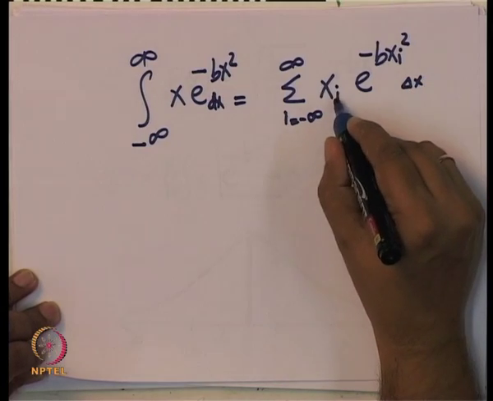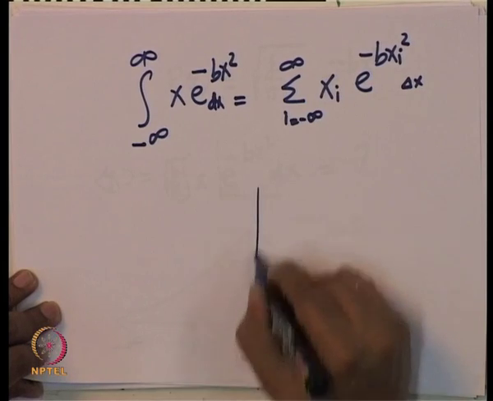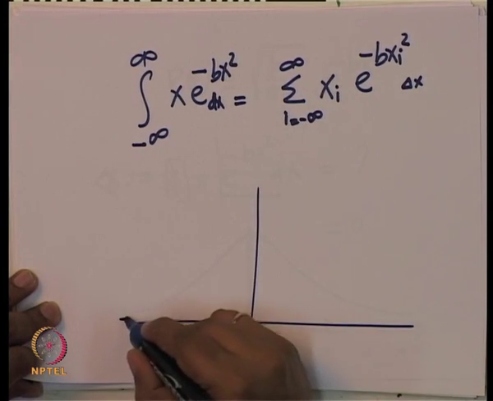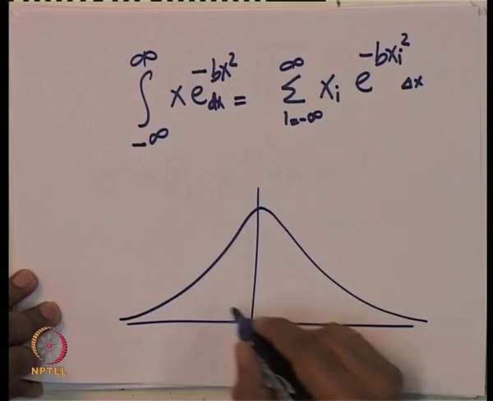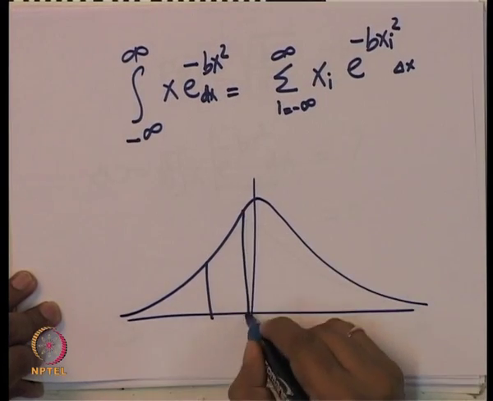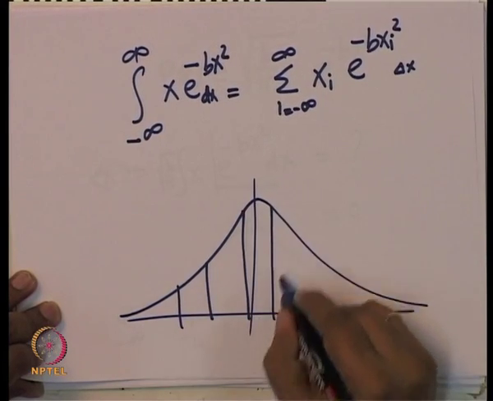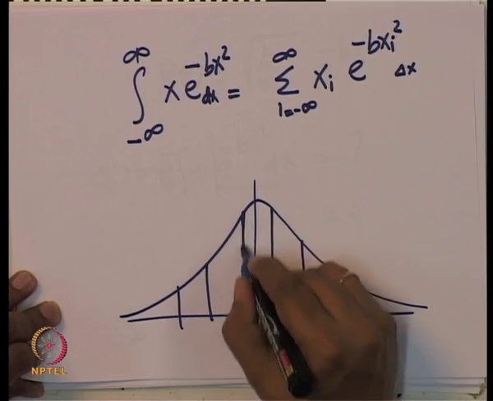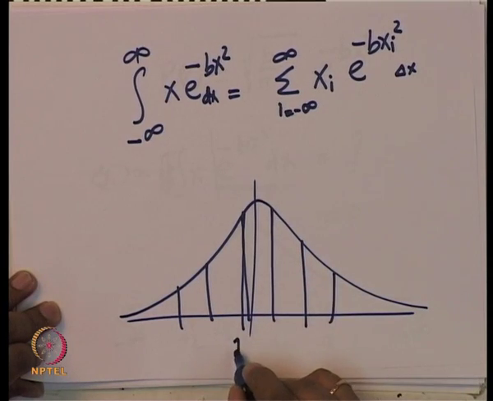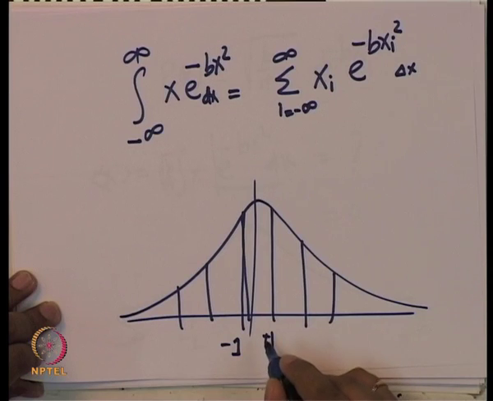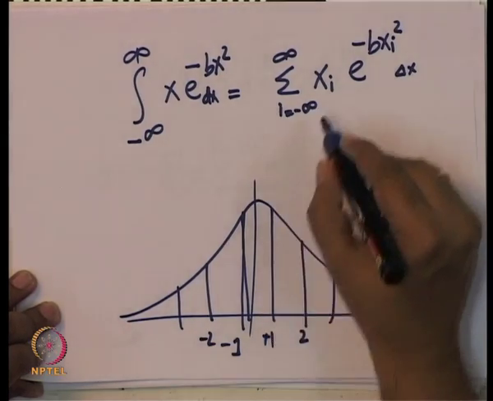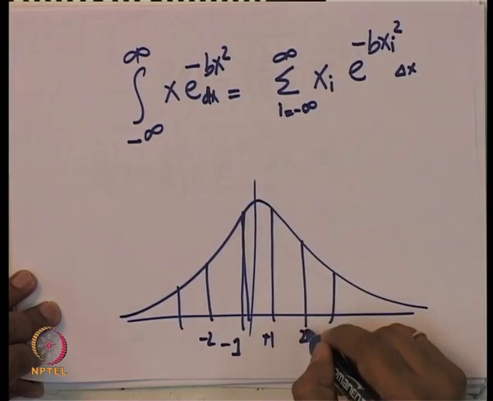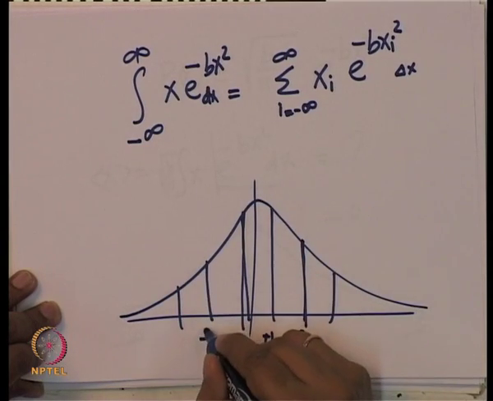Now let us have a look at this function. There are many values of x i; let us call these minus 1, 1, minus 2, 2. Let us look at 2 and minus 2.